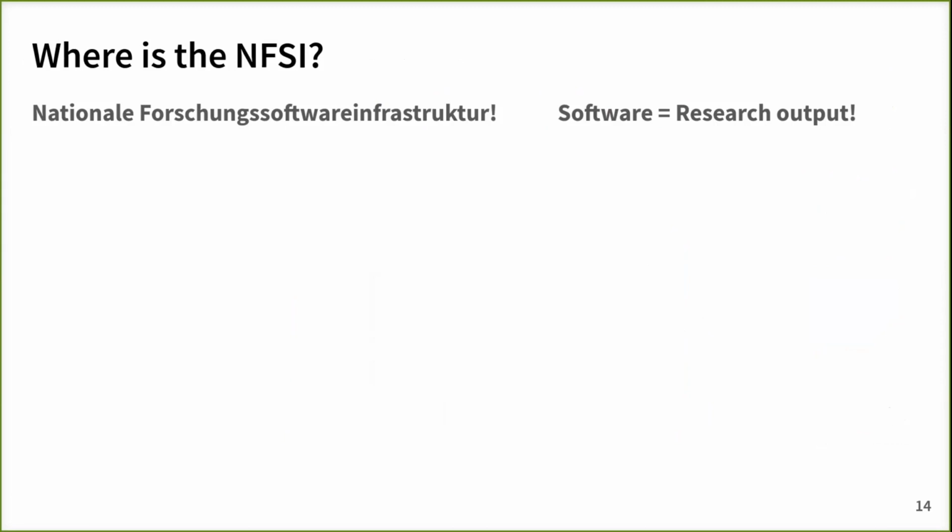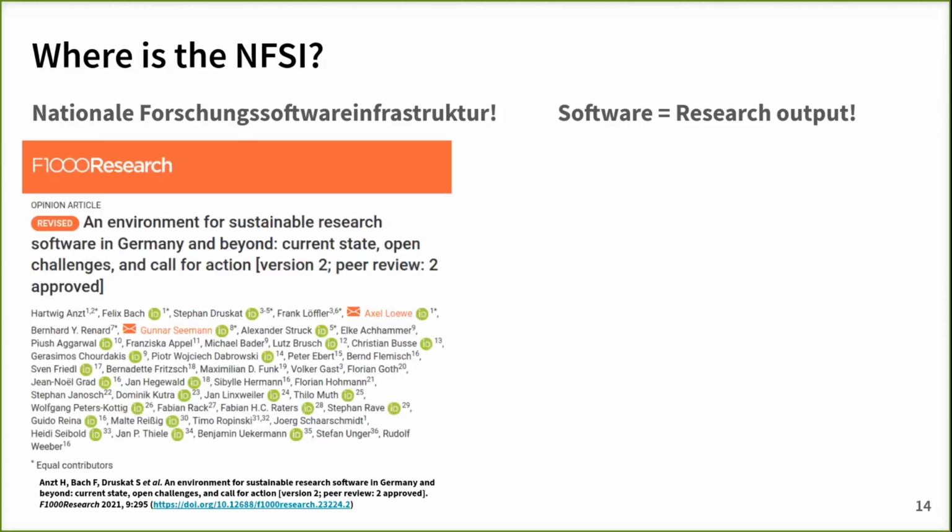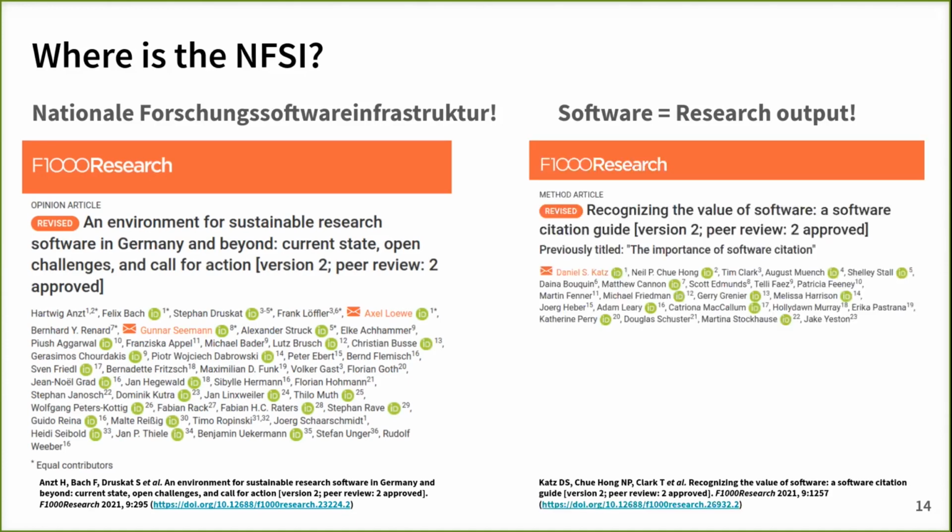And if you want to get up to speed around what is needed to turn research software into first-class outputs of research, just as we need to do with research data, or are making progress on doing with research data, I recommend taking a look at these papers: about an environment for sustainable research software in Germany, which is also the first position paper by the German Association of Research Software Engineering, and a really short second paper called Recognizing the Value of Software: A Software Citation Guide.